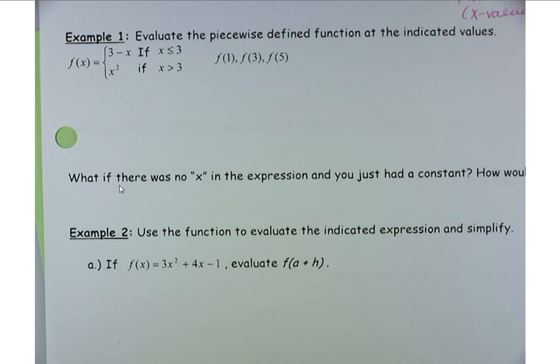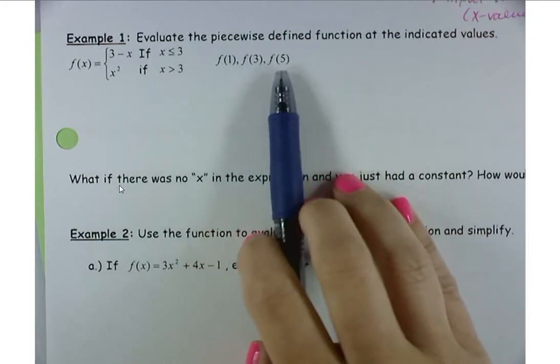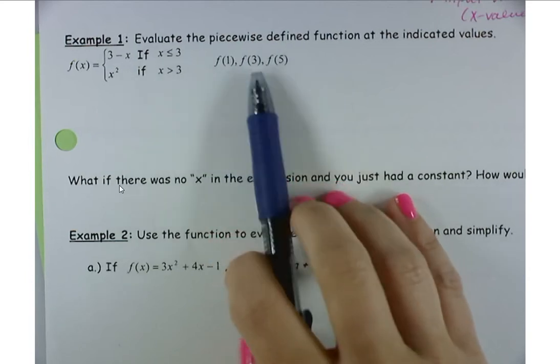What am I trying to find? Well, use the directions to help you. Evaluate the piecewise defined function. Okay, and what are those indicated values? 1, 3, 5. Good, okay, so you're evaluating the function for f of 1, f of 3, and f of 5.